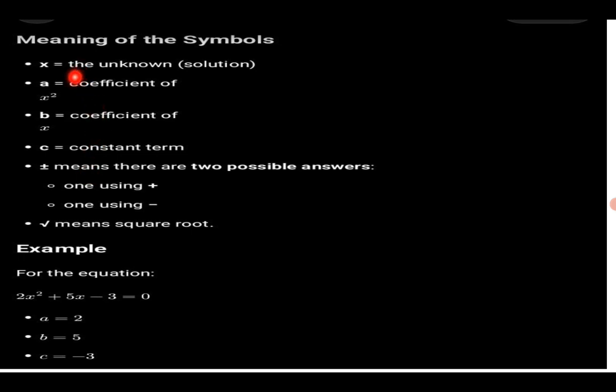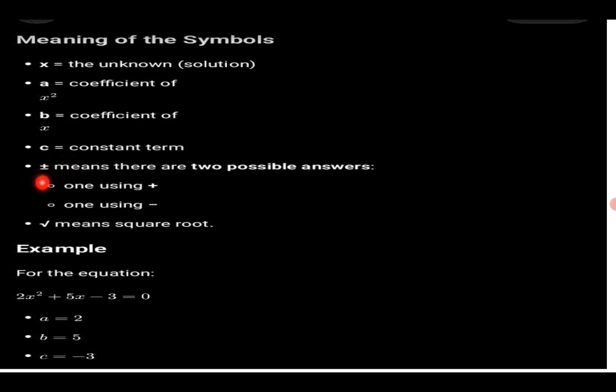So that's what the symbols in the formula mean. x stands for the unknown variable which has to be solved for. a is the coefficient of x squared, and b is the coefficient of x, while c is just a constant term, which is just a number.